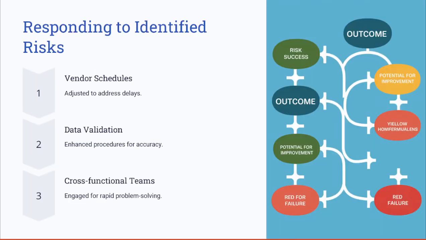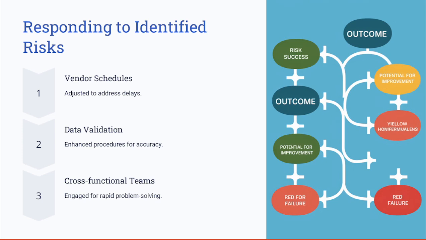Next, we need to respond to the identified risks and set these mitigation strategies. If you recall, we identified vendor delays as one of these risks, so now it's time to implement a mitigation strategy. When the vendor delays became apparent, the team renegotiated the delivery timelines and secured additional resources to accelerate the data migration.